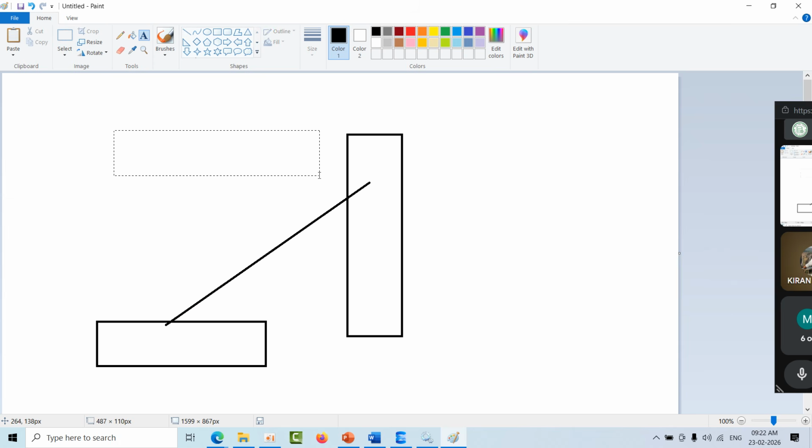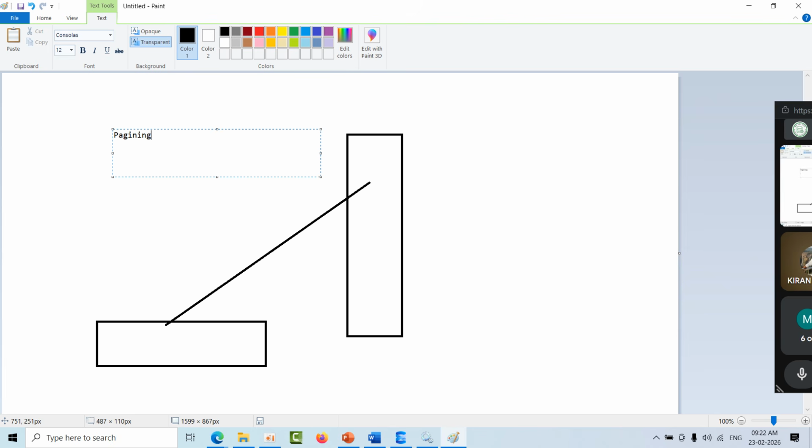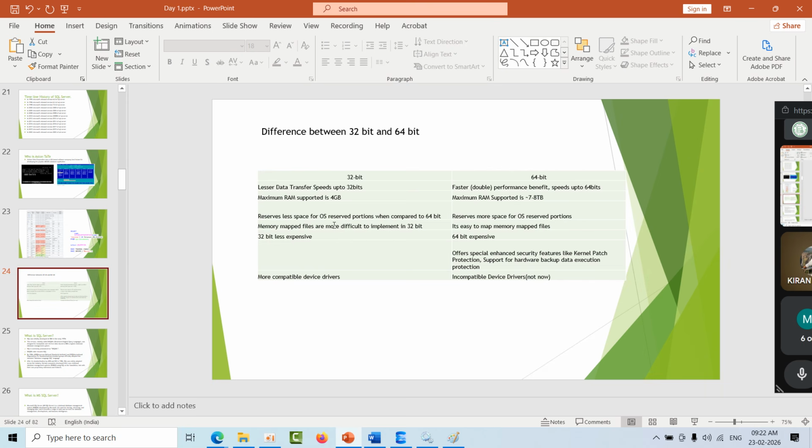That technology we call paging. It is very difficult to implement in a 32-bit system. Why? Because we have only 4 GB, and at least 1 or 2 GB is taken by the operating system itself. So that's the reason it is very difficult. 32-bit is very less expensive, obviously. Why?